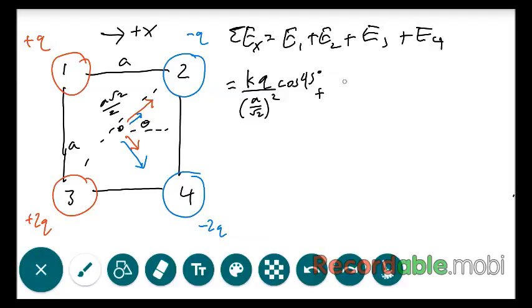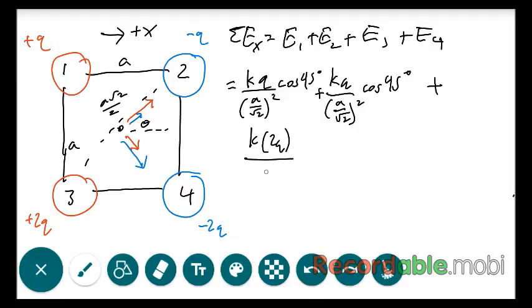Now, doing the same thing for field 2, it is K times the absolute value of that charge, Q, over the distance, which is also a over root 2 squared, times cosine 45 degrees. Now we're going to add K times the electric field of particle 3, charge 2Q, distance the same, squared, times cosine negative 45 degrees.